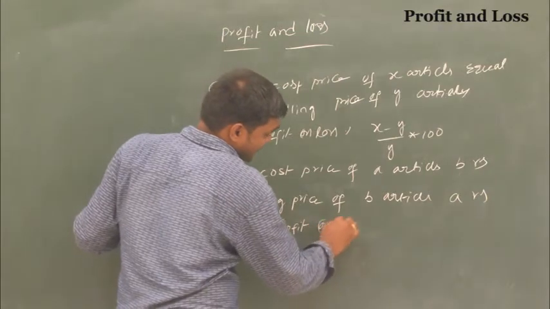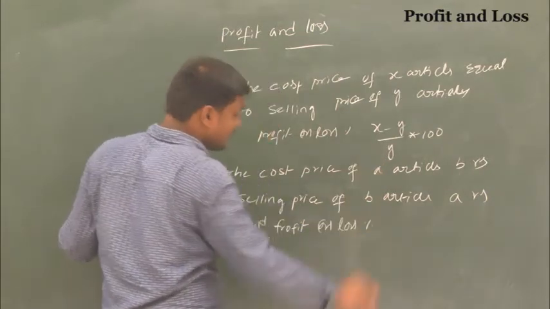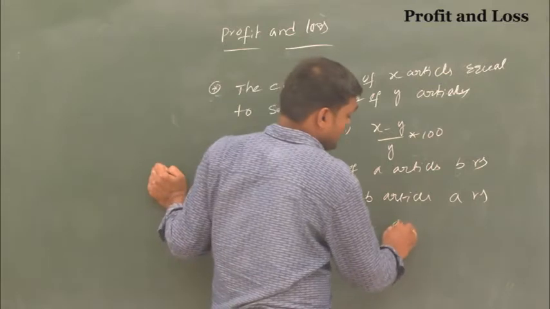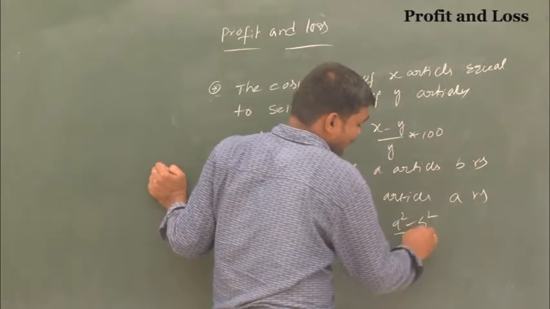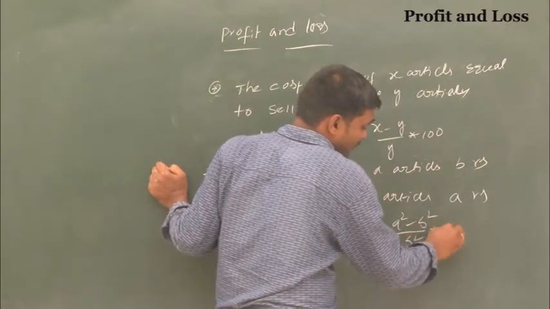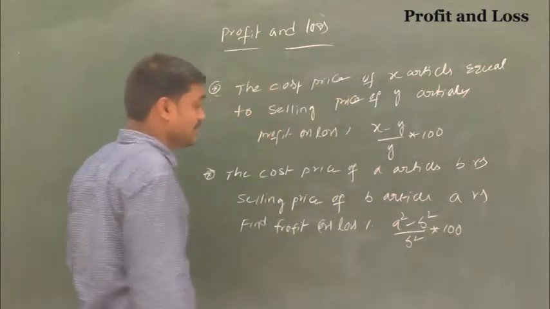Profit or loss percent is (A square minus B square) by B square into 100%.